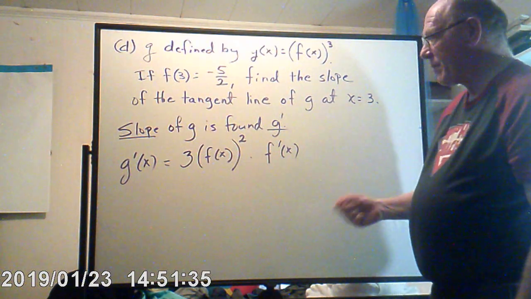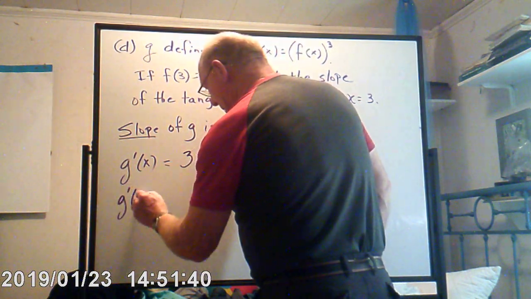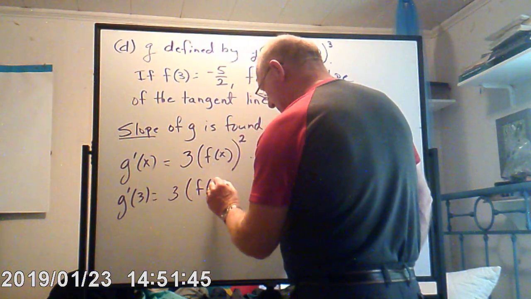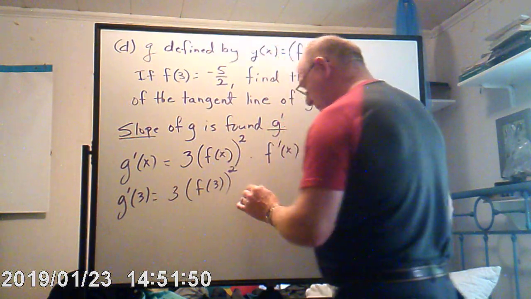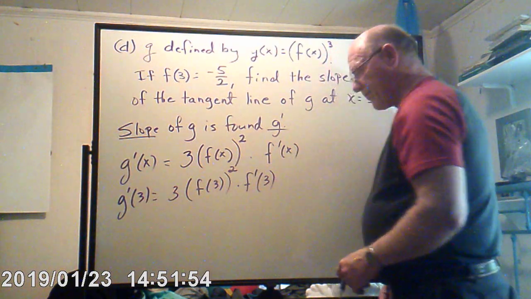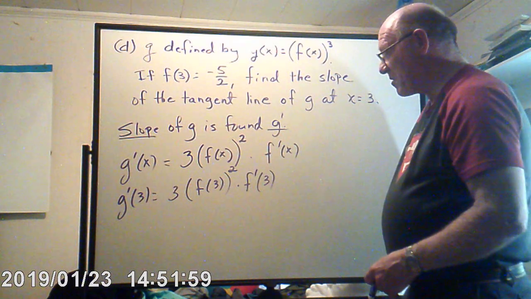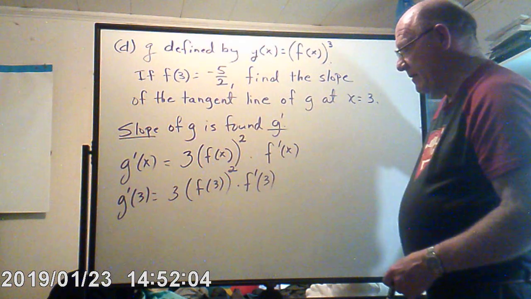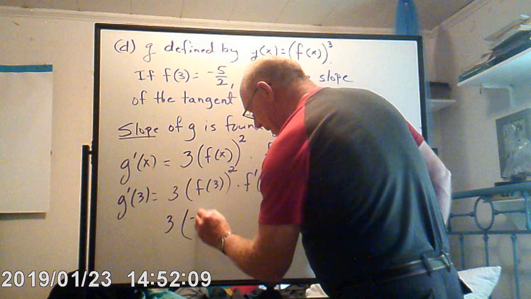Now that's the derivative, G prime at x. Now we want G prime at 3. Well, let's do that. G prime at 3 is 3 times F at 3 squared times F prime at 3. Well, let's figure it out. We see that F at 3 is negative 5 halves.